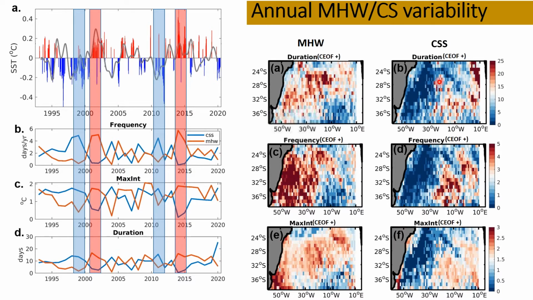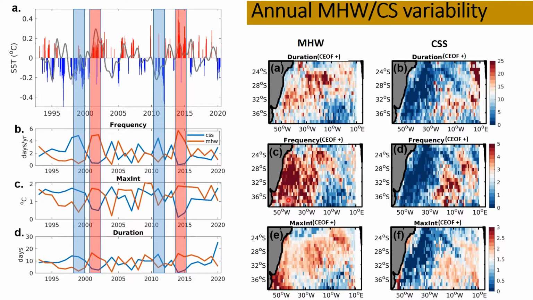And if you look at their patterns in a composite analysis for these years that we have, for example, in case of a positive CEOF, these two events here. So we average these two events, and we have exactly the opposite pattern for marine heat waves and cold spells. And it's interesting to see this dipole of events here.